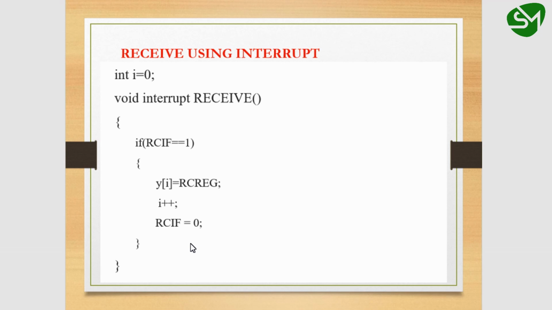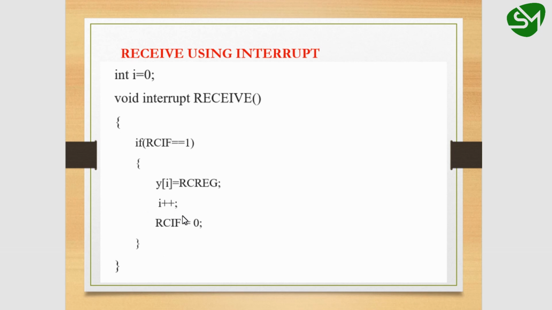Now when 1 byte of data is received in the UART bus, the control comes from the main function. The processor pauses all the processes in the main function and comes to the interrupt function, and the first byte will be stored in y of 0, and i will become 1, and it will go back to the main function.